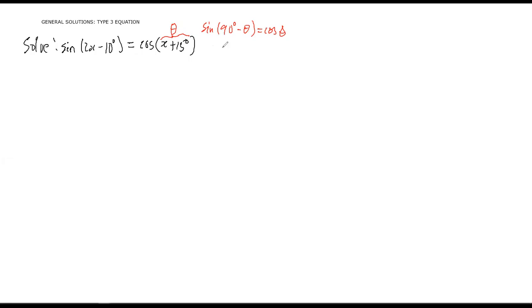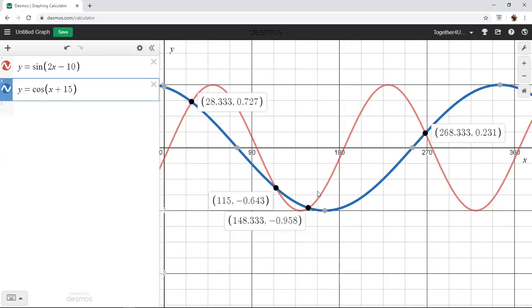As I said here, I'm going to put up a restriction, and from my graph the restriction is going to be between 0 and 360. So we know now that we are just looking for 4 nice solutions. Let's write them down so that we can verify our answers.